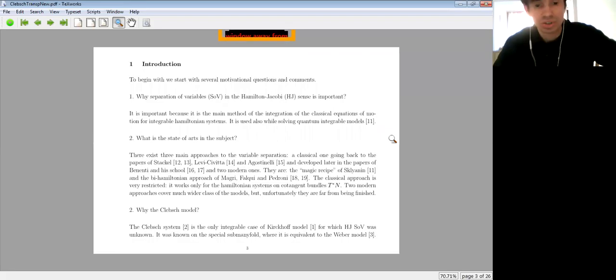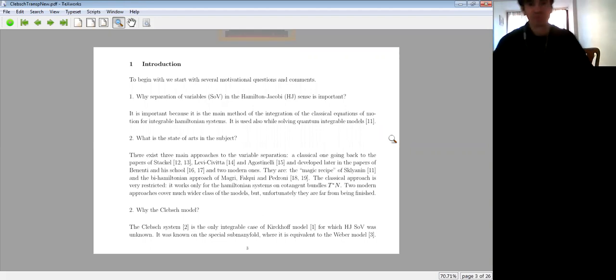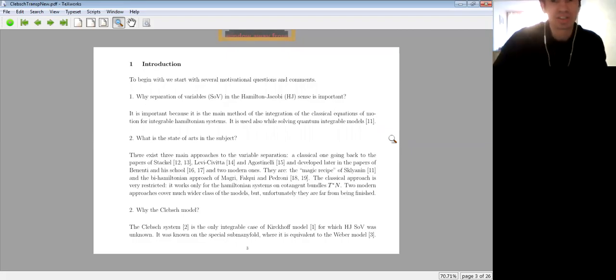It was known only on special submanifolds, where it is equivalent to the Weber-Neumann model, which we'll discuss later. So it is really a difficult problem, and we will see that its solution demonstrates some qualitatively new properties.